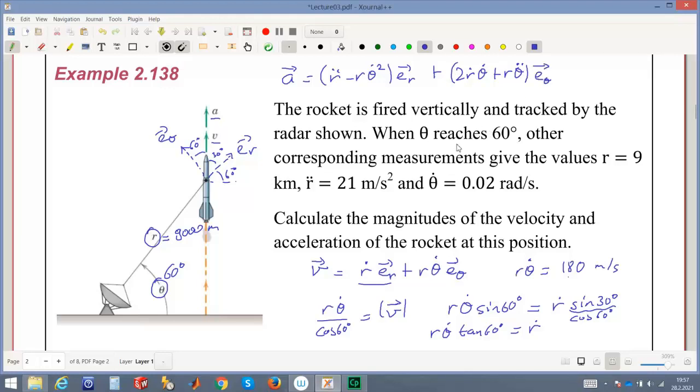So far, what do I have? What I have is r dot calculation. Theta dot I know, r I know, theta double dot I don't know.